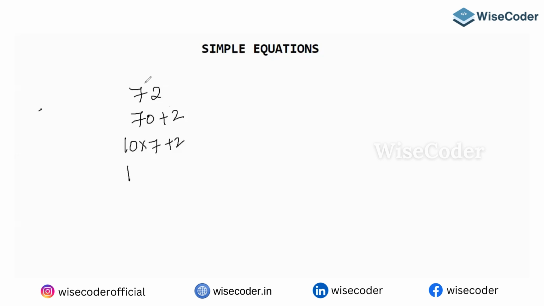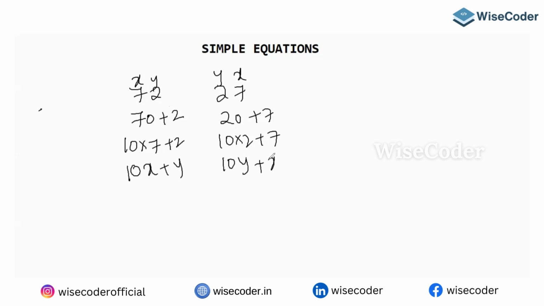If this is x and this is y, that is nothing but 10x plus y. The reverse number 27 has y first and x second: 20 plus 7, that is 10 into 2 plus 7, which is nothing but 10y plus x.